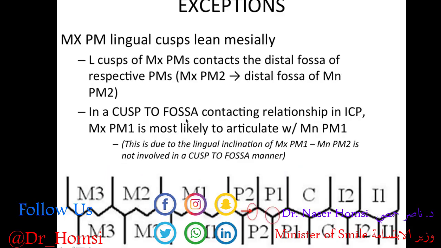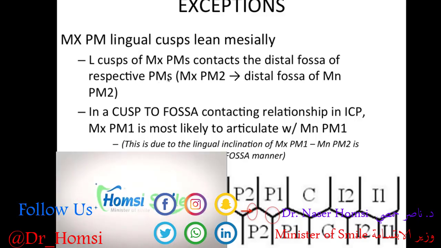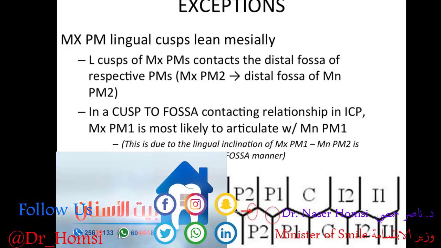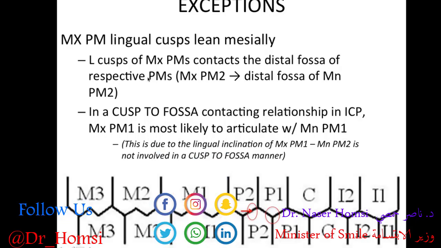Okay, exceptions. With the maxillary premolar, the lingual cusp, remember that lingual cusp leans mesially. And so if we treat this as the lingual cusp, it looks like it's going to hit down here on the marginal ridges, and that's not the case. So the lingual cusp of the maxillary premolar contacts the distal fossa of their respective premolars.